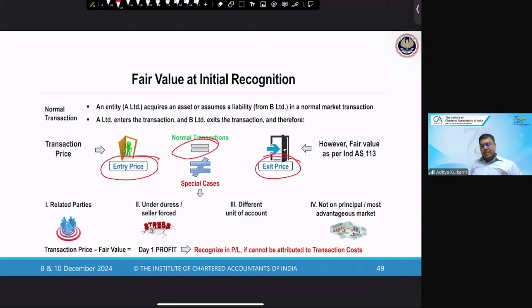If I sell this cell phone to you for 10,000 rupees, your purchase price will be 10,000. Then exit price and entry price became the same. For all cases, this will be the same.